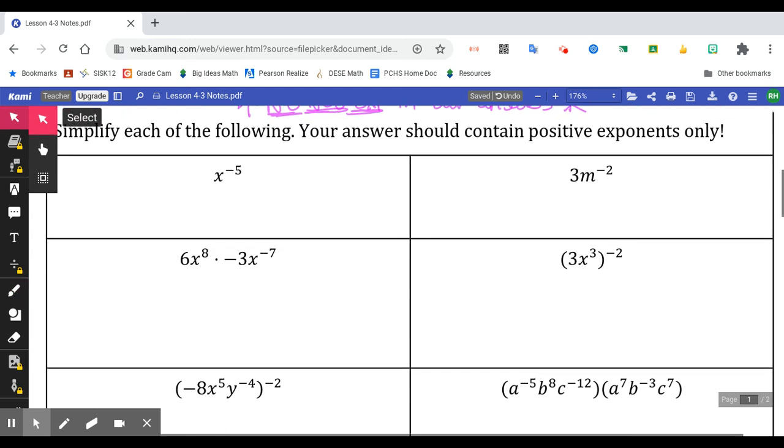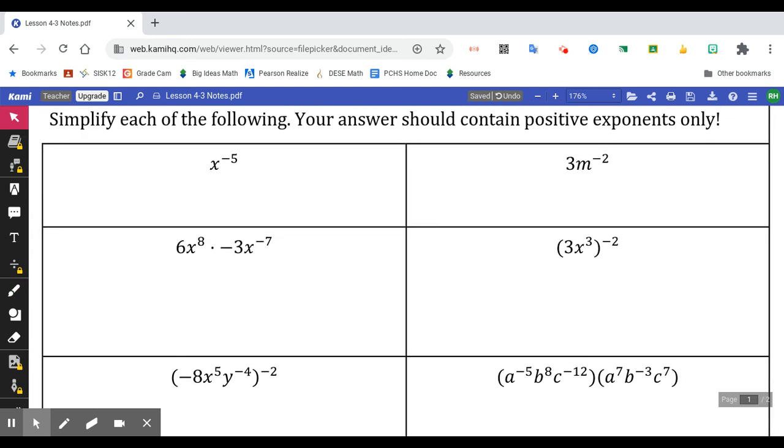Okay? All right, so let's talk about these down here. So x to the negative 5 actually becomes 1 over. This guy drops to the bottom, and it becomes a positive exponent. So 1 over x to the 5th. Remember, positive reciprocal. So 3m to the negative 2. Now, here's where we have to start thinking about it again, that every piece of the term actually has an exponent.